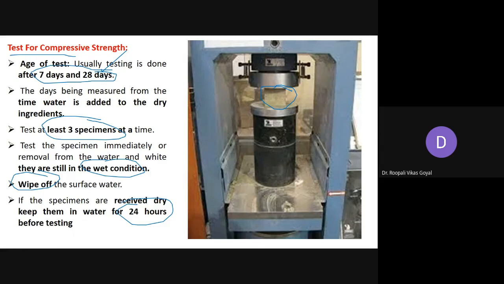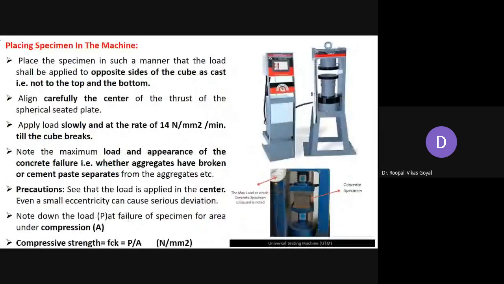Placing the specimen in the machine. Once you have taken out your specimen, you have to place it under the compression testing machine. Generally the cube specimen is tested on the opposite side of the cube.